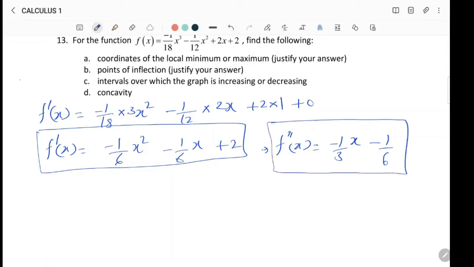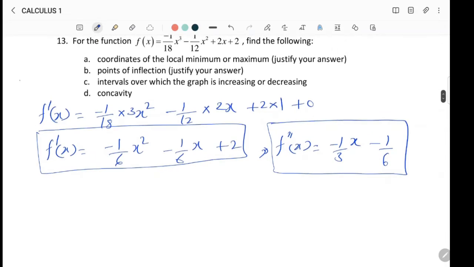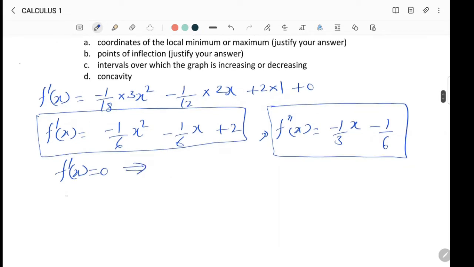Okay, right, find the coordinates of local maximum and minimum. Okay, so for max or min, f dash x should be 0. So minus 1 over 6 x square minus x over 6 plus 2 should be 0.